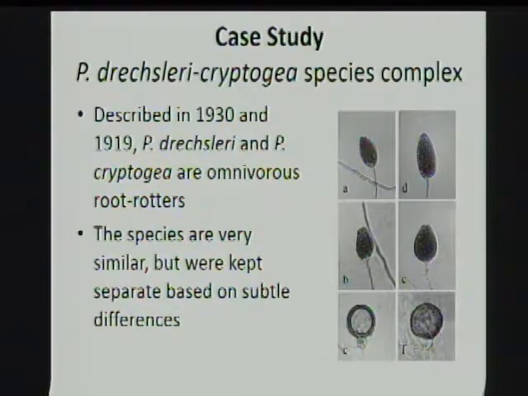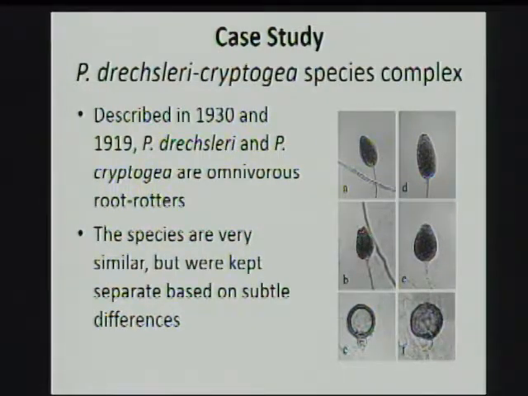These two species, Phytophthora drechsleri and Phytophthora cryptogea, are part of what we call a species complex. When people study them, you could always find two strains that looked really different, and you're like, okay, there's got to be more than one species here. But then when you study them a little bit more, you find things that are in the gradation between them.